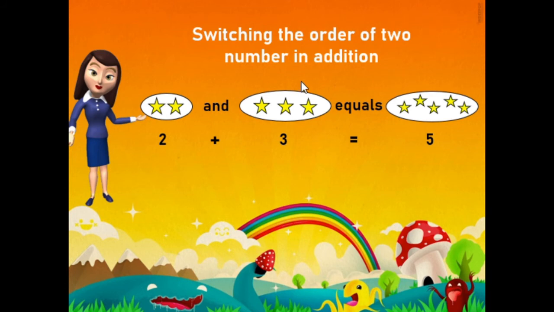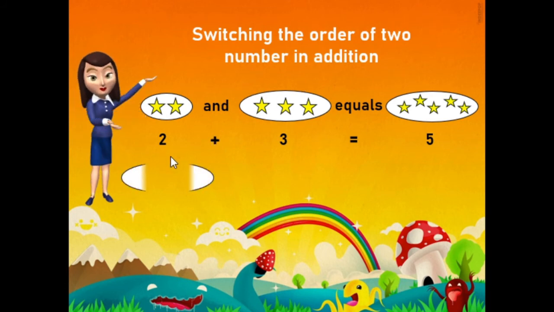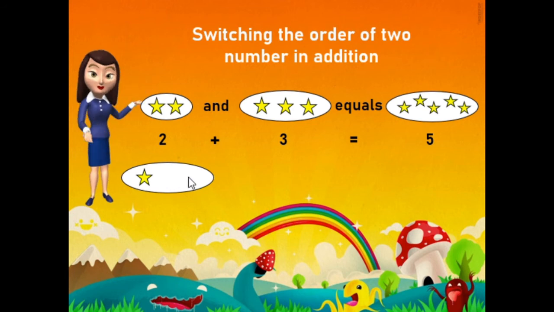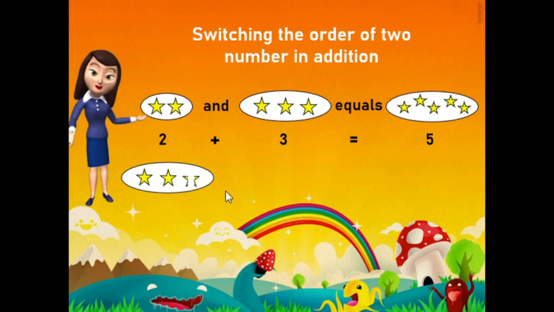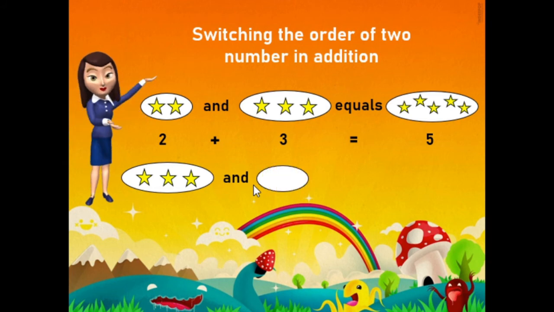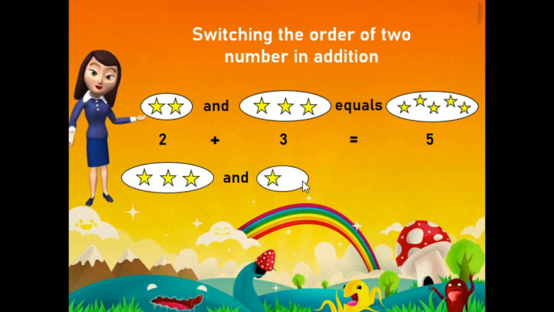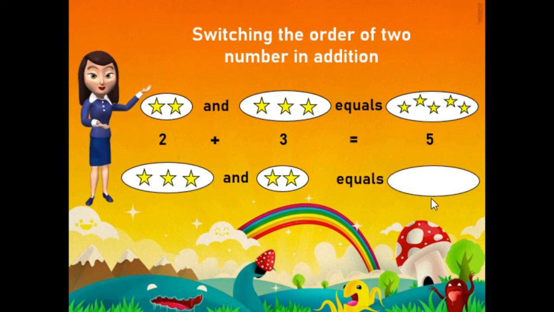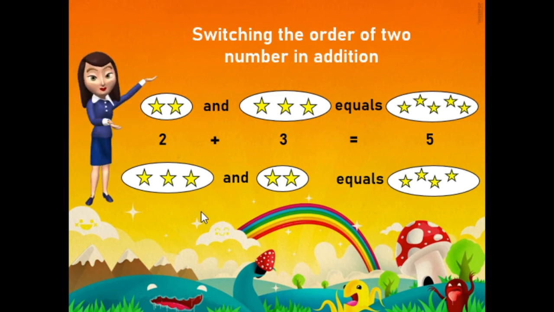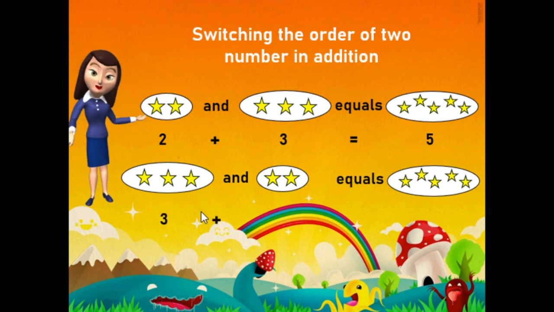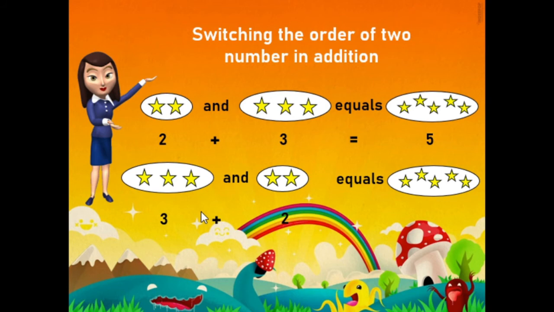Now let's see if we put 3 in the first place, we have 3 plus 2 equals 5. See? Even if we change the position of the figures, we still get the same answer. Okay?